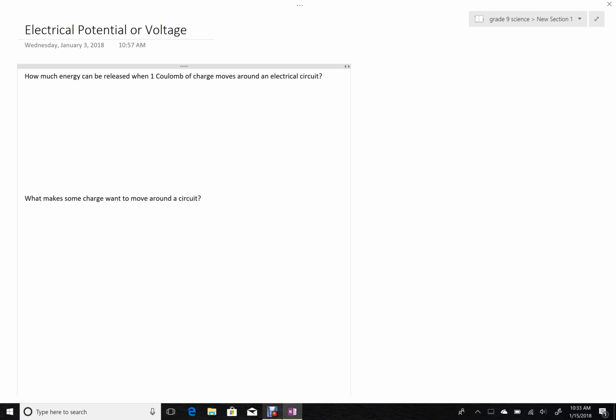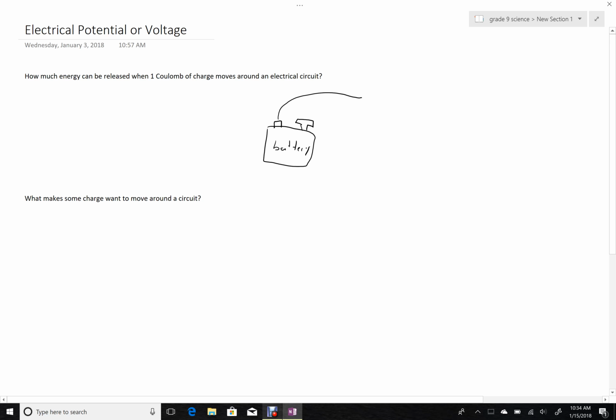It tells us how much energy will be released when 1 coulomb of charge moves around an electric circuit. So if we have a battery, that is, just draw like a little 9-volt battery, powering a light bulb, and we have electrons flowing through here, and we get 1 coulomb of charge.